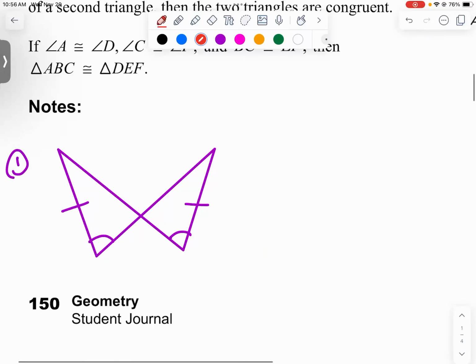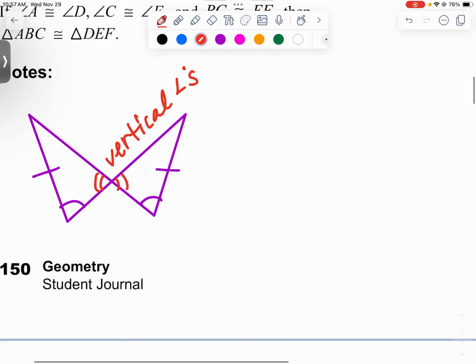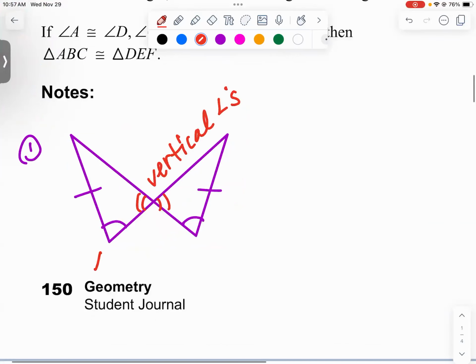What can we mark? We can mark vertical angles. And now notice how we have two pairs of congruent angles and a pair of congruent sides. But notice how the side is not in between the two angles. So we have to write angle, angle, side.